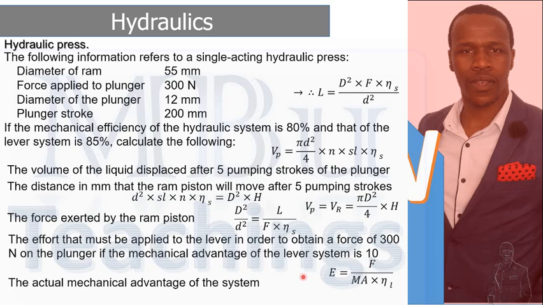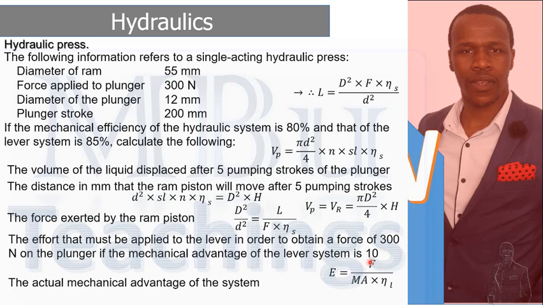Okay, there it is. So we have our F being 300 Newton, we have our MA being 10. 300 over 10, we have our efficiency being 0,85. I'm sure now you know why we're using 0,85, because percent means over 100. I'm sure now it's in your head. So we have our efficiency there being 0,85.